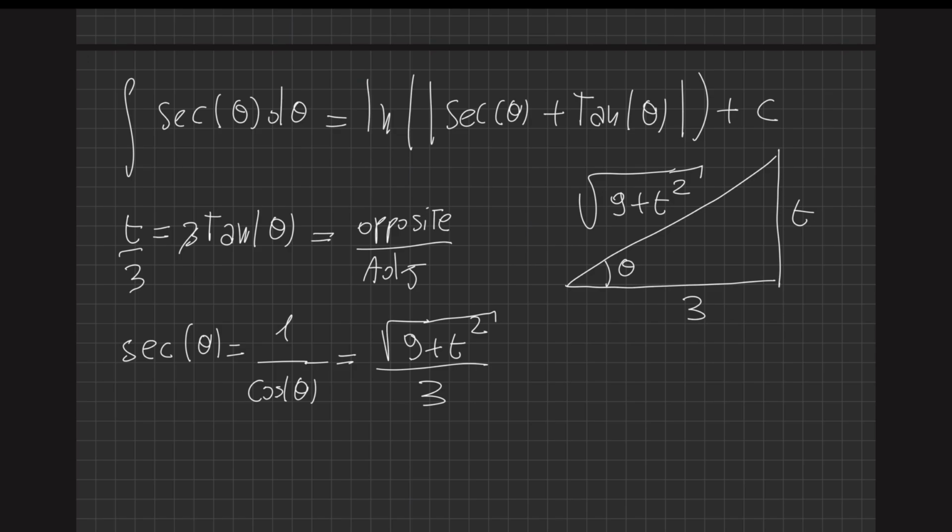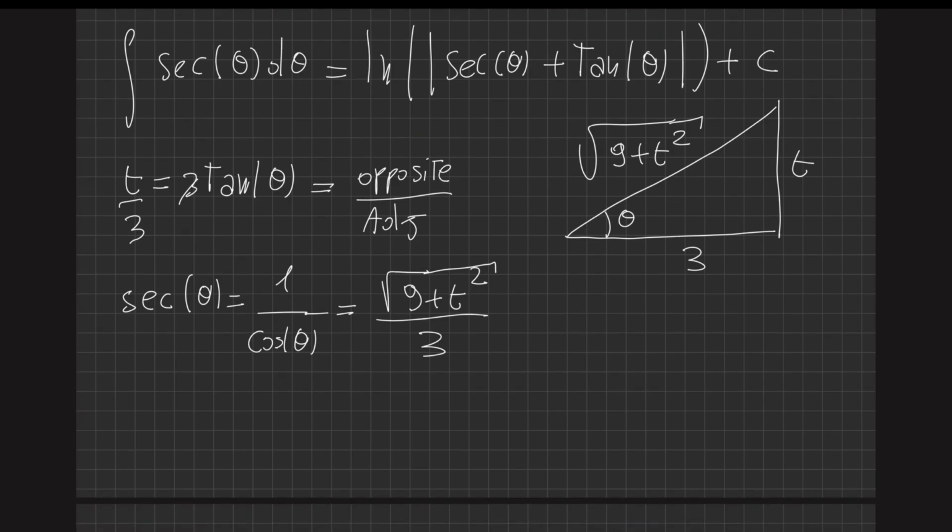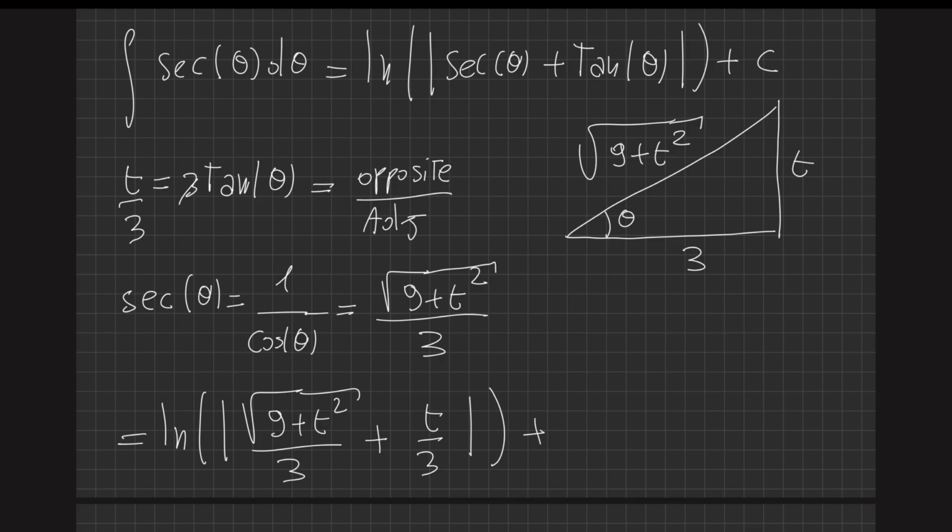Great, so we can do the substitution again. So we have that the integral is equal to the log of the absolute value of the secant, which is the square root of 9 plus t squared over 3, plus the tangent of theta, which we wrote before is t over 3, plus a constant.